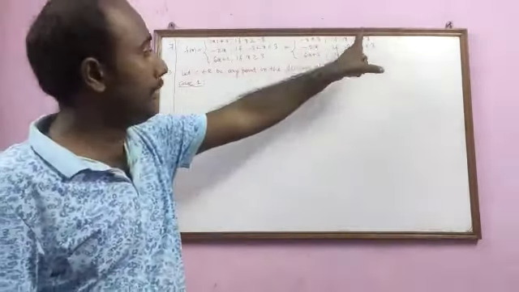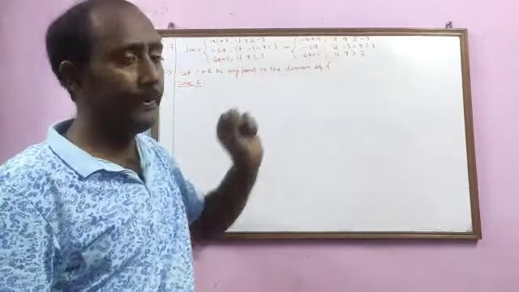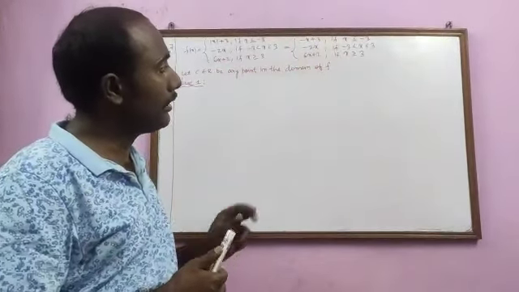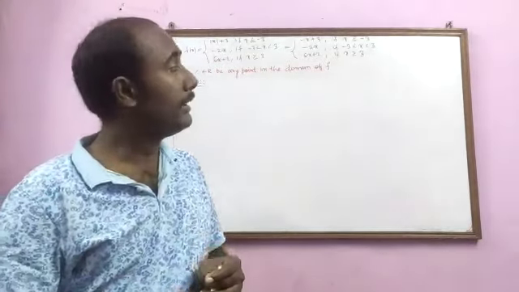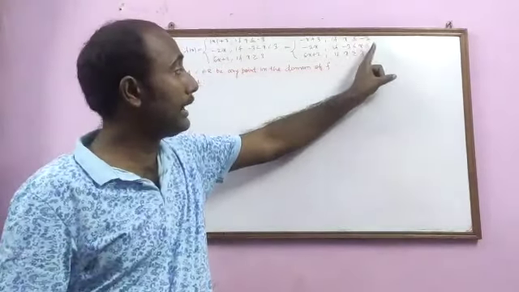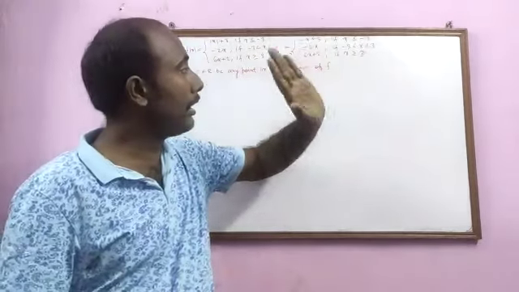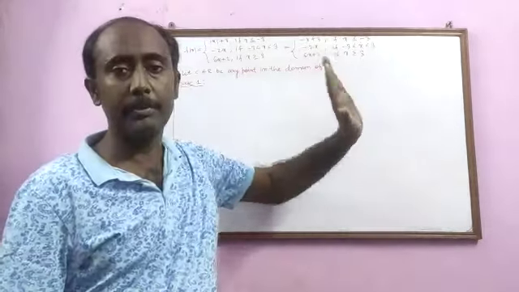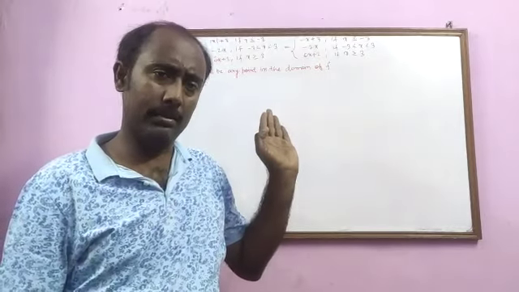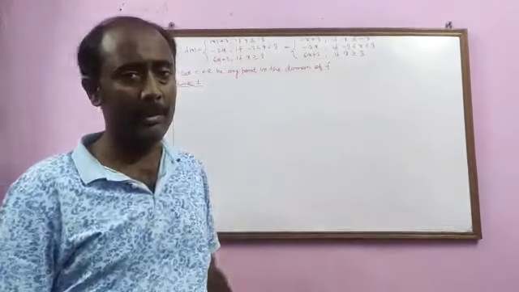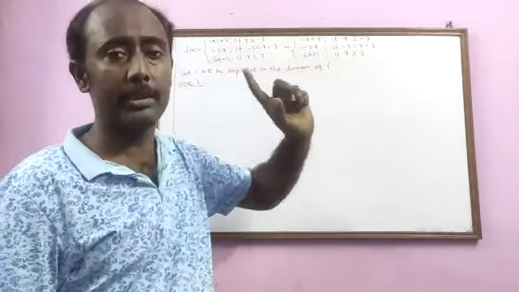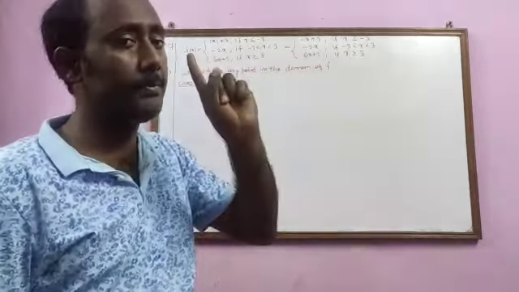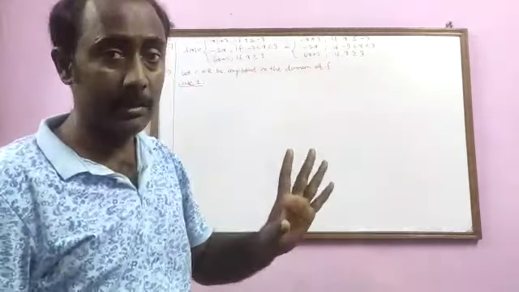Now clearly we find that there are only 2 points for which we have to go for the left hand limit and right hand limit, that is for minus 3 and 3. For none other than these 2 points will we have to go for left hand limit and right hand limit. And if at all this function is going to be discontinuous, it is going to be discontinuous at those 2 points only, either at minus 3 or at 3.